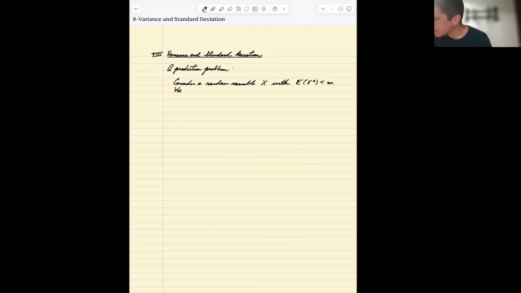So we want to come up with the best predictor of a future realization of X, in the sense of minimizing what's called the root mean squared error.